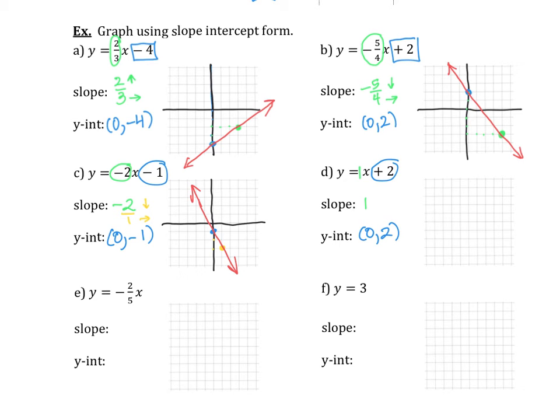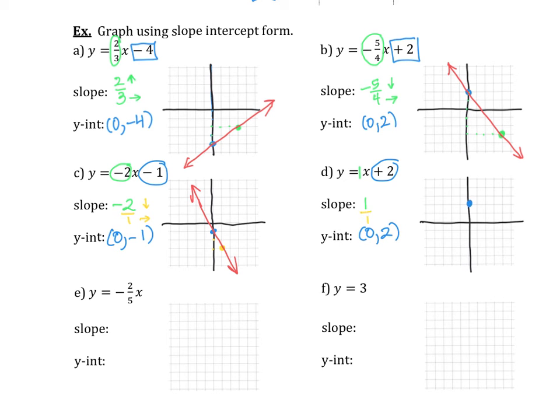Let me go ahead and draw my axes. Okay, my y-intercept is at (0, 2), so I'm going to go up to the positive 2 on the y-axis. Then from there, I'm going to use my slope to get another point. My slope is 1. Since slope is rise over run, I need to make it a fraction.